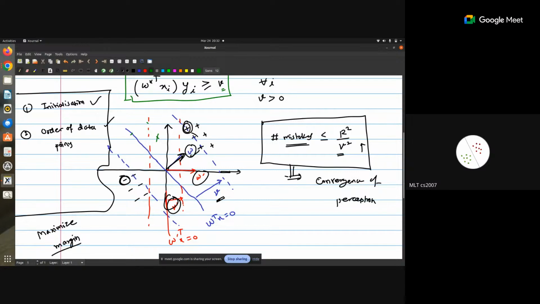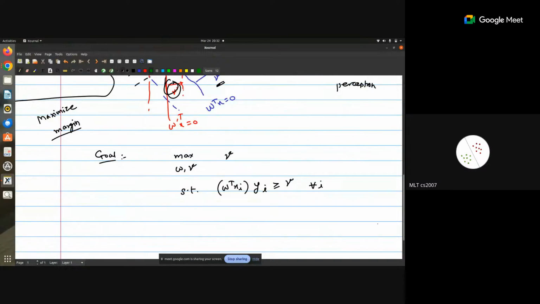That might be some other W which is not the optimal one. The optimal one should also get the number of mistakes as low as possible, and that is decided by your gamma, correct? Yes, sir. So what is our goal now? To maximize this margin, which is gamma, right?